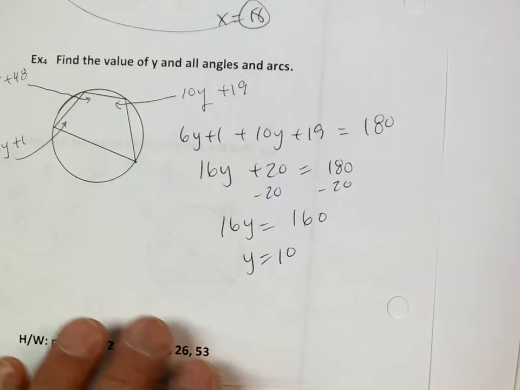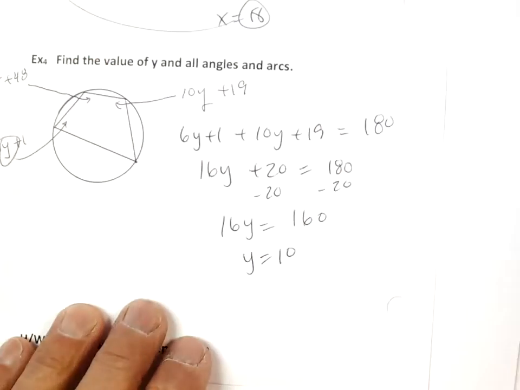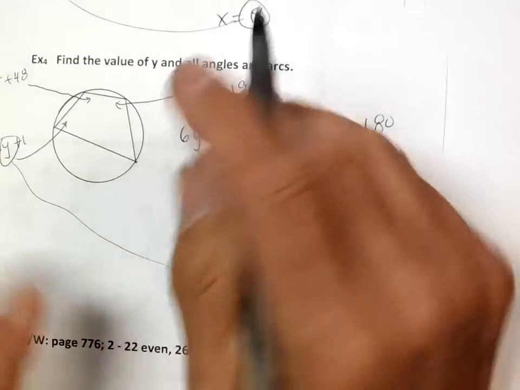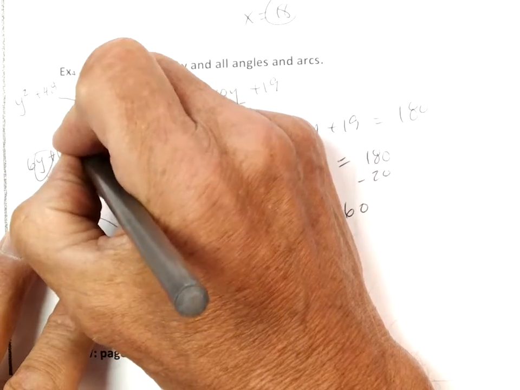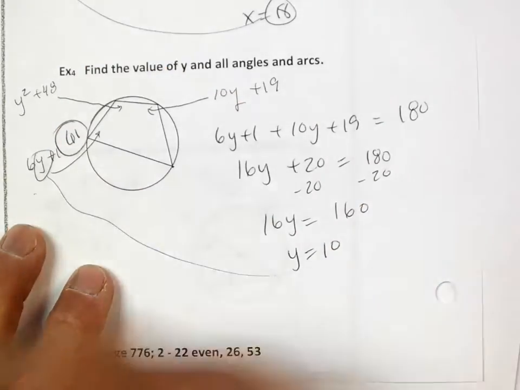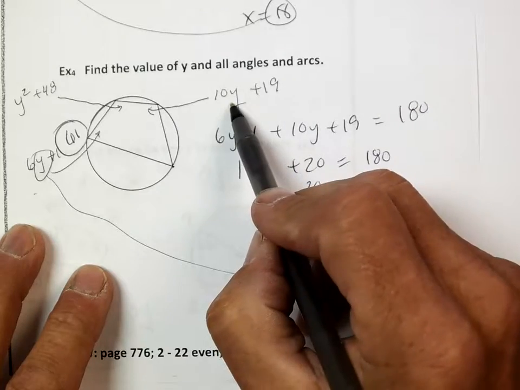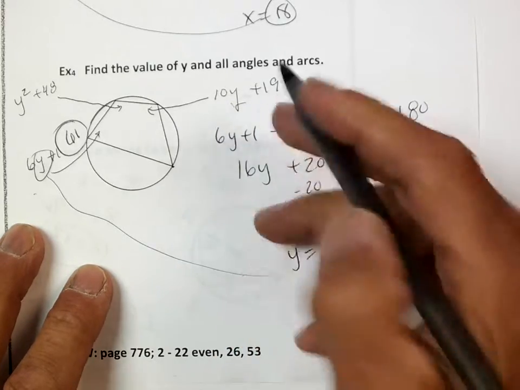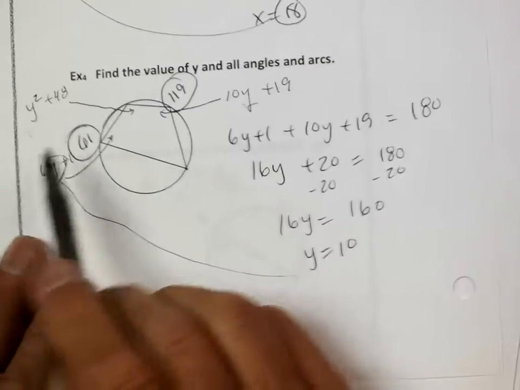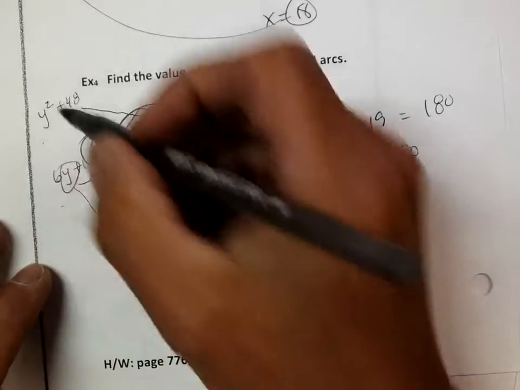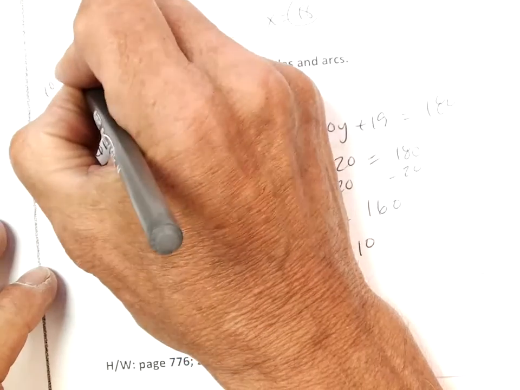So let's put my 10 in there. So this angle is 61 degrees. This angle is 10 times 10 is 100, plus 19 is 119 degrees.